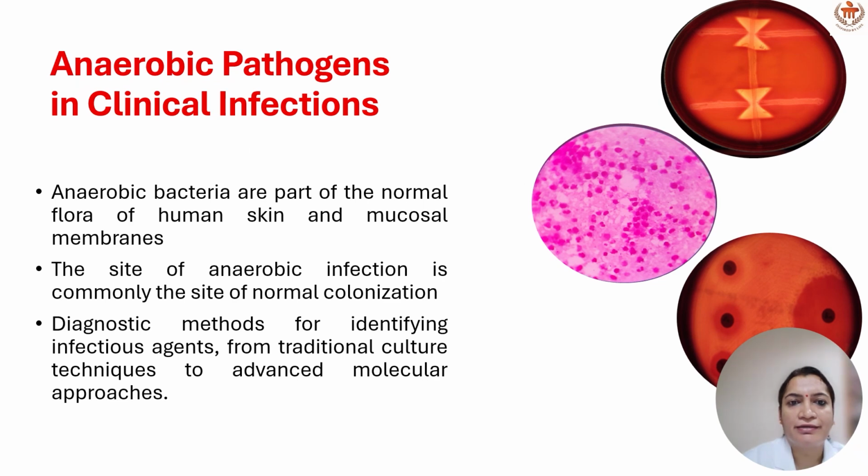Anaerobic bacteria are part of the normal flora of human skin and mucosal membranes. The site of anaerobic infection is commonly the site of normal colonization. Diverse diagnostic methods are available to identify them, ranging from conventional culture techniques to molecular methodologies.